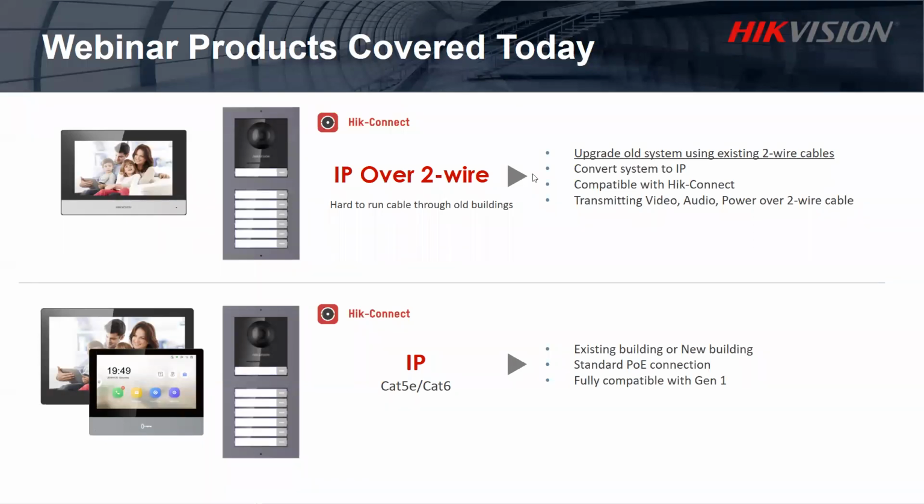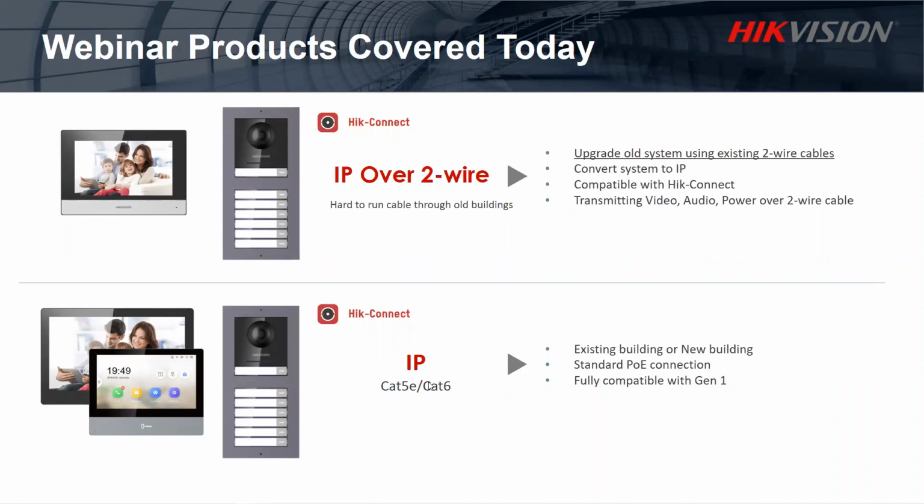If the existing system has a 2-wire and it's hard to run Cat5 or a network cable, then you can use the IP over 2-wire solution, as it will convert the system to an IP solution, so it's going to look just like the IP system here. Plus it's compatible with the HiConnect.